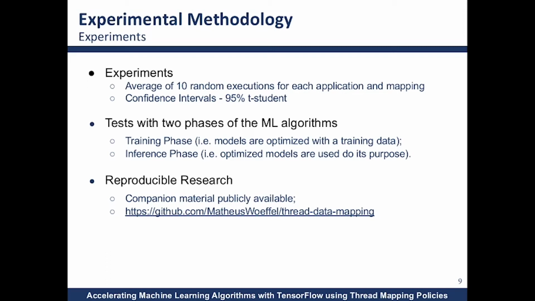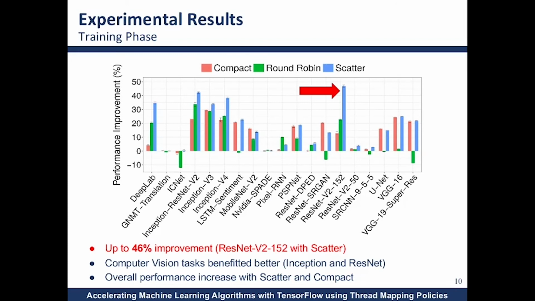All of our experiments are publicly available in our repository, and you are more than welcome to check our scripts, our data and our results as well. Here we have the first set of results, and this figure represents the results that we obtained in the training phase of the benchmark.